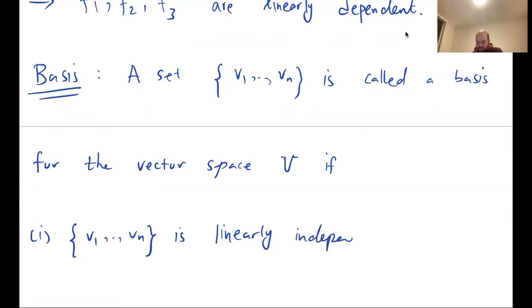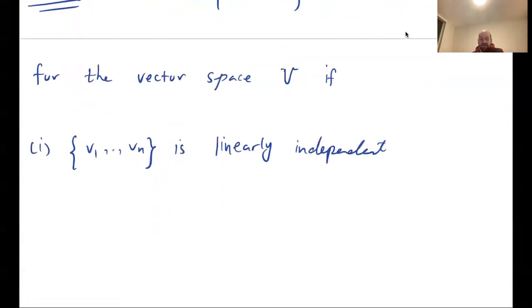So we need our vectors to be linearly independent if they want to form a basis. The linear independence is necessary, but not enough.